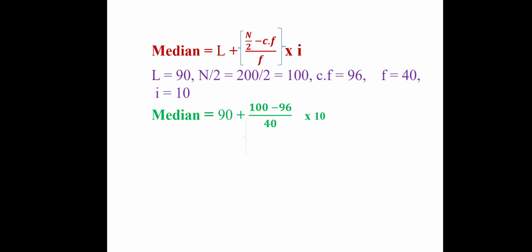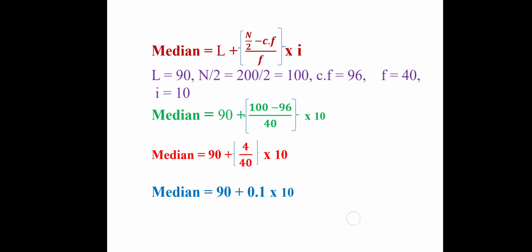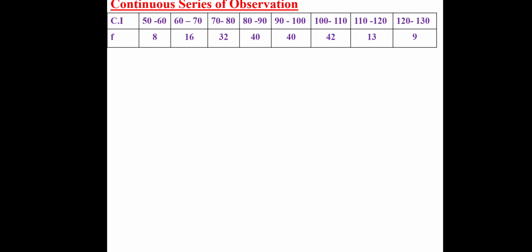So we can substitute these values. 100 minus 96, 4, divided by 40, into 10. 4 by 40 will give 0.1. 0.1 into 10 will give 1. 1 plus 90 will give 91. That is called the median.